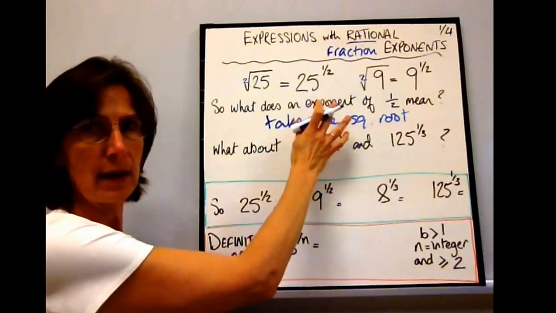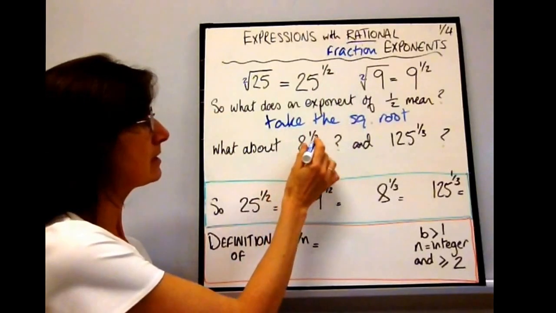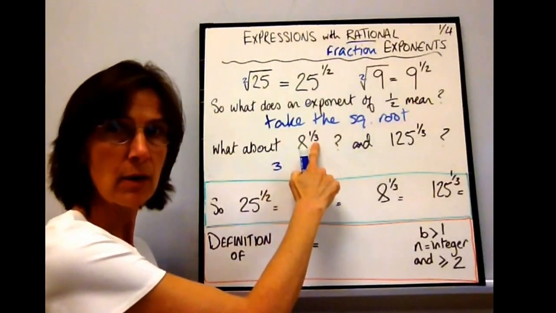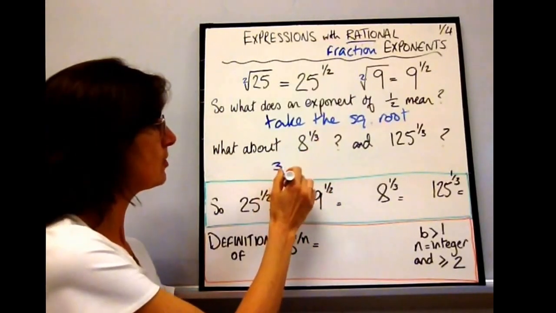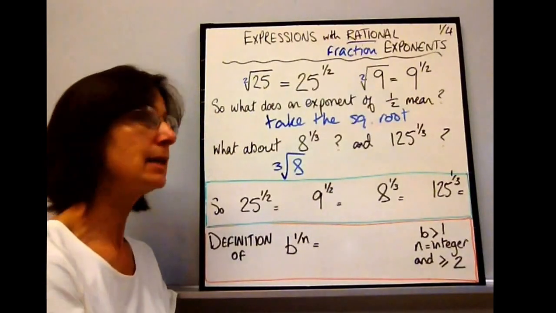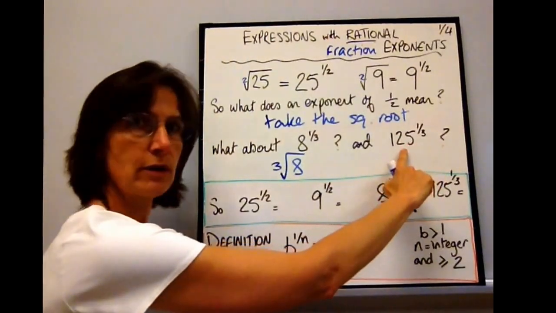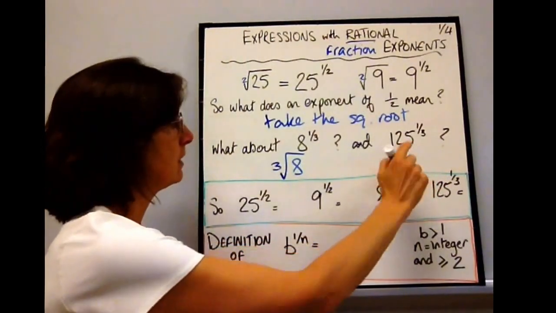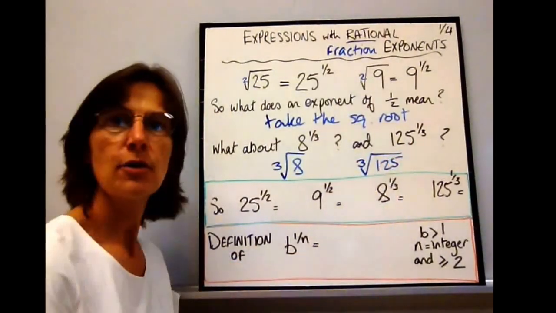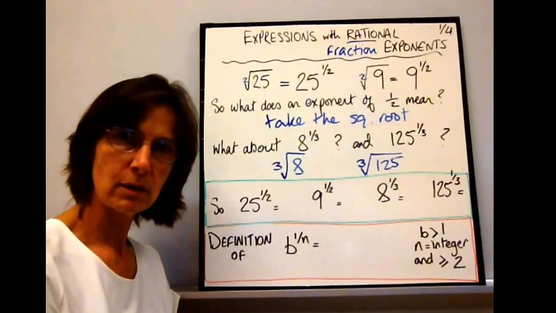Using what we learned up here, maybe the 1/3 power is the third root of a number. And that is what it means. Here, 125 to the 1/3 power means what is the third root of that number.